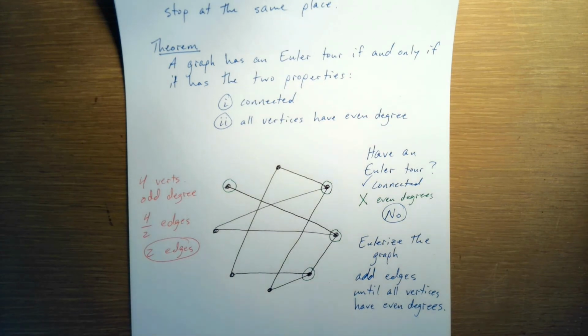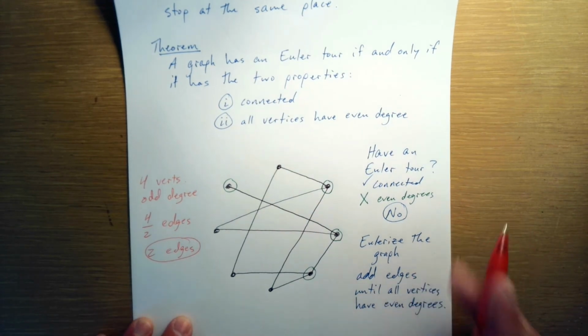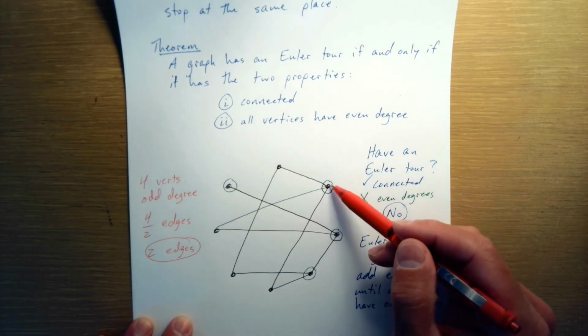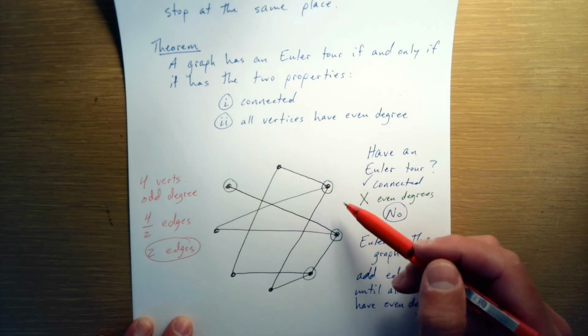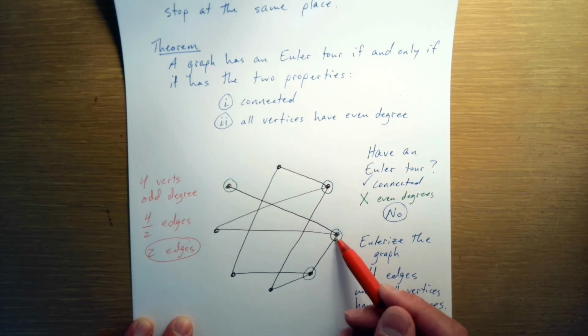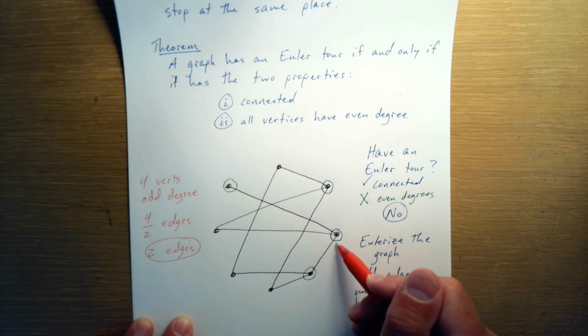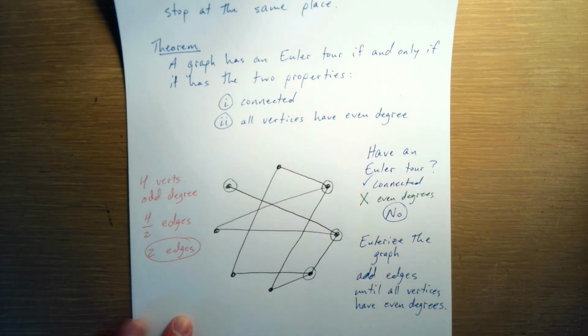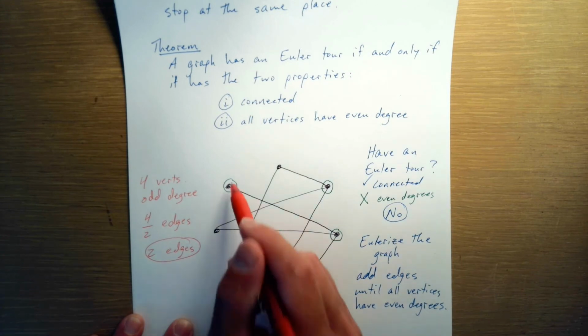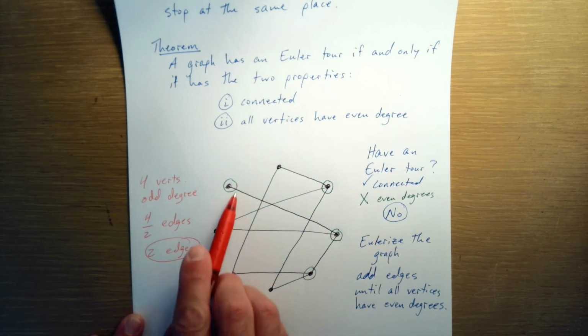The best way to do this is to look for vertices of odd degree that are not connected to each other. For example, not this pair, because I can't add this edge unless I add a multiple edge, and that's a slightly different type of Eulerization. However, these two are not connected.